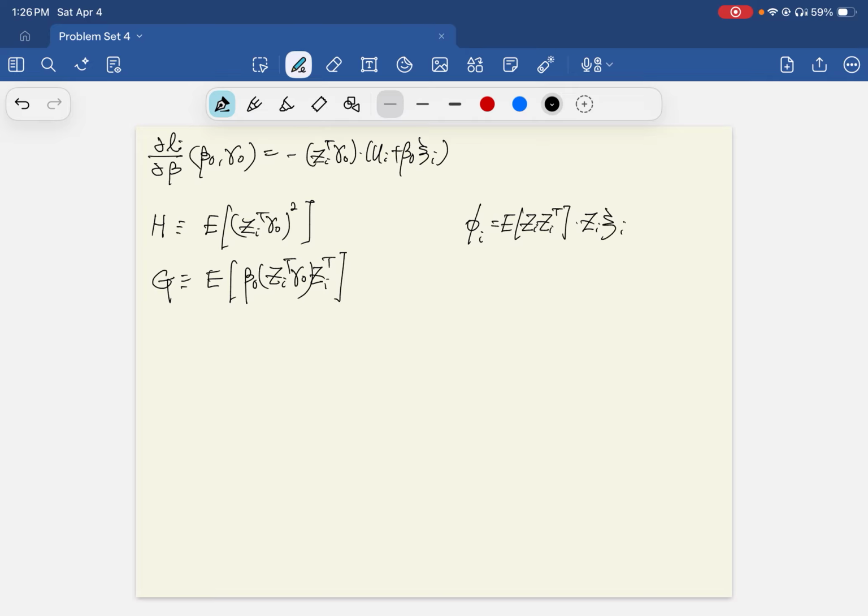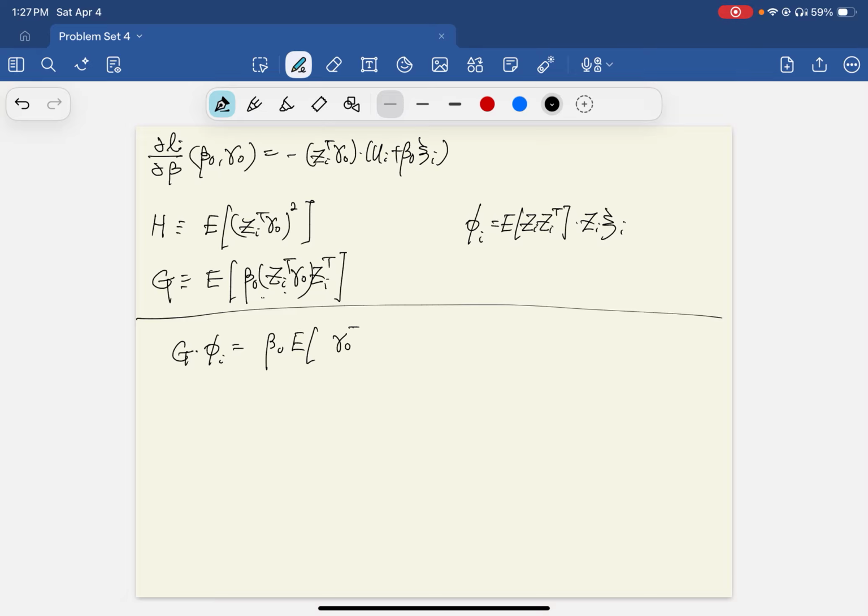Okay, so we will just combine them to have something. So let's first think about g times phi, right? G times phi here is, so I will rewrite the order of g in this way. Beta 0 is not random, so you can come out of the expectation, and you may write this as expectation of gamma transpose z.